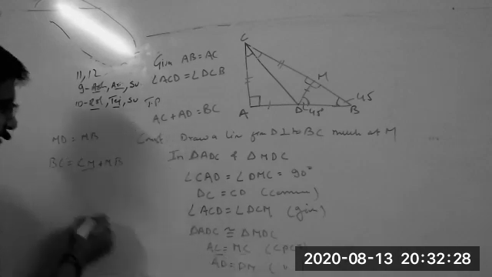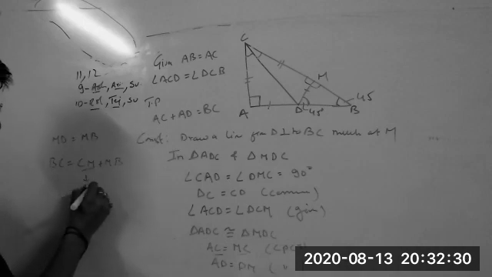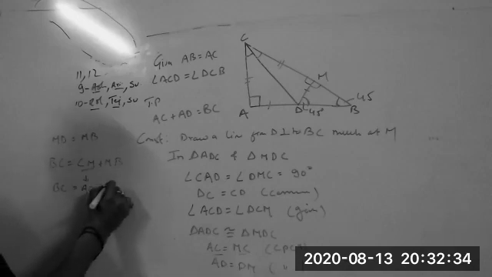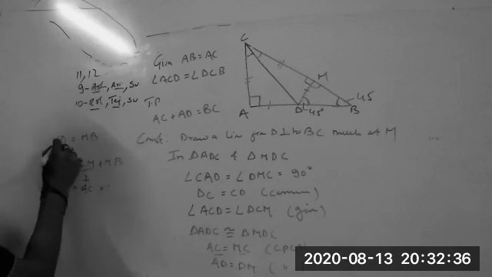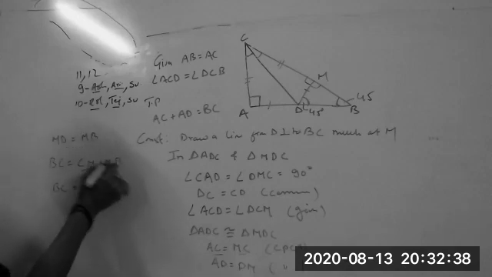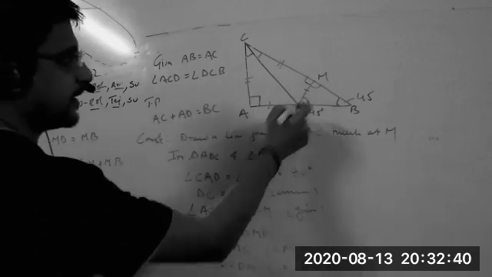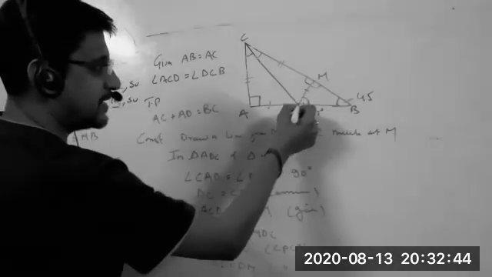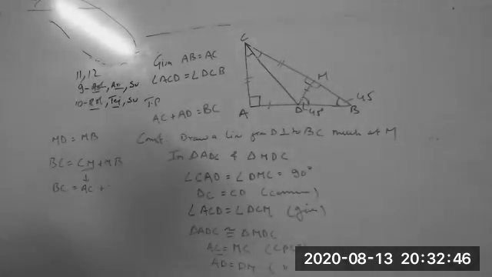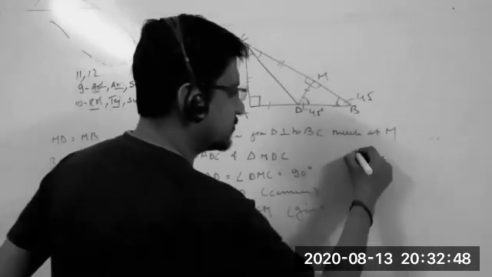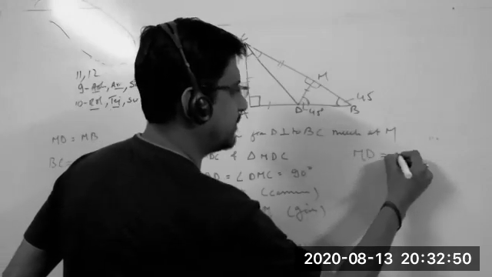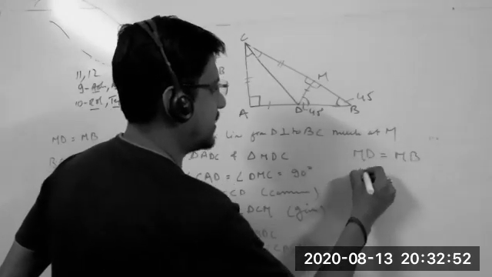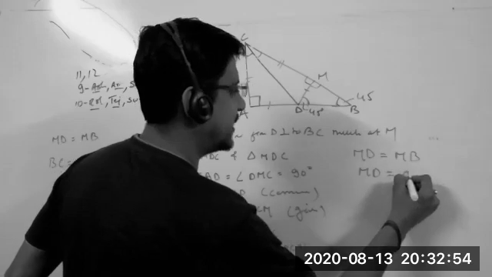CM is equal to AC. We can replace it with AC. And MB is what? MD. MB is equal to MD, and MD is equal to AD.